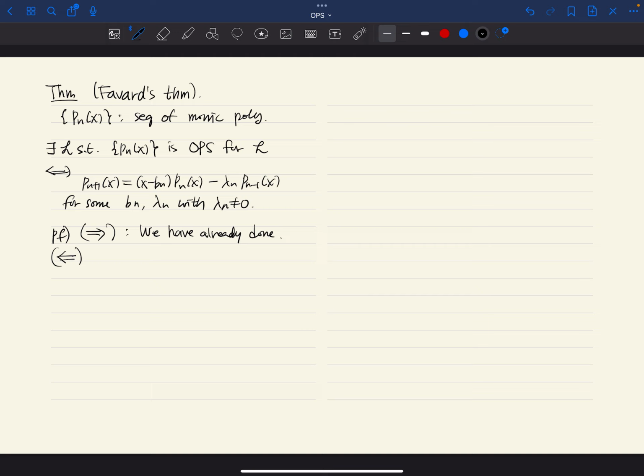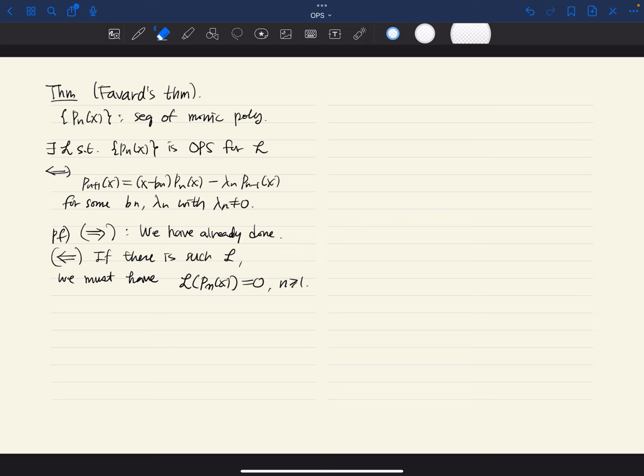So to do this, suppose that it is really an orthogonal polynomial sequence. If there is such an L, then what happens? Orthogonality says L of P n times P m equals 0 unless n equals m. So in particular, L of P n must be 0 for n greater than or equal to 1, because imagine that P 0 is multiplied there, and P 0 is 1.